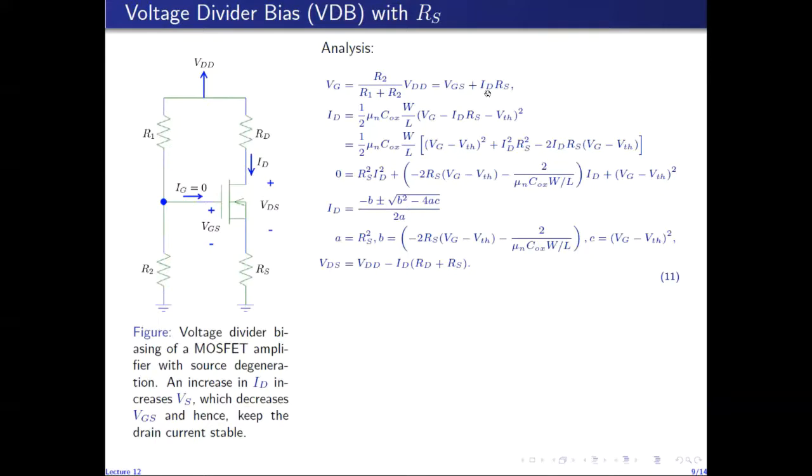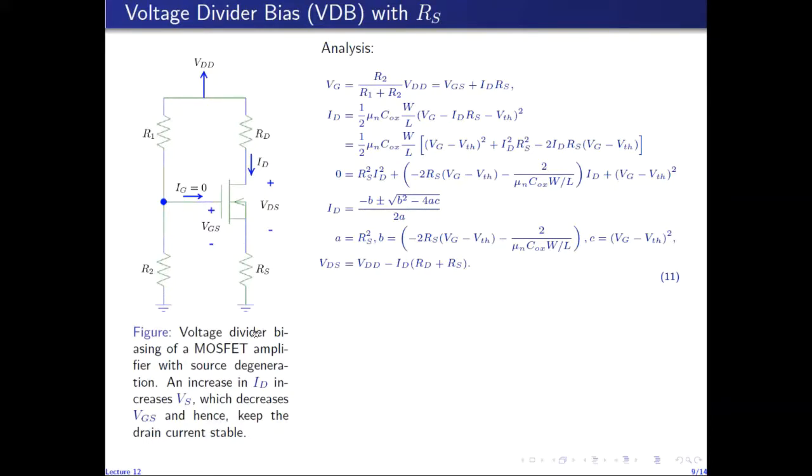In other words, VGS will be equal to VG minus ID RS. So once given the value of R1 and R2, once we find VG, we can find VGS in terms of ID.